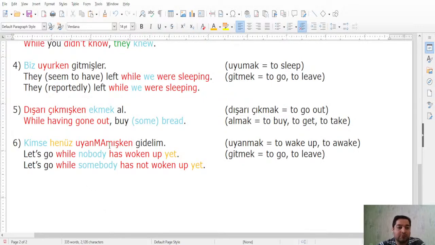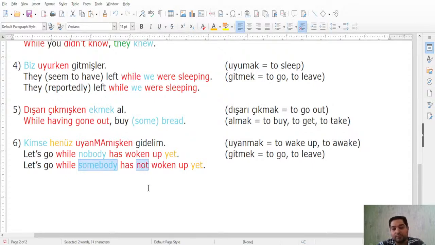Kimse henüz uyanmamışken, and that's the negative of the reported past tense now, okay? Kimse henüz uyanmamışken gidelim. So henüz is yet, kimse means nobody. We have two negatives here in the sentence, which is not necessarily translatable into English that way. So this somebody is not necessarily kimse, but still I have to translate because somebody not.